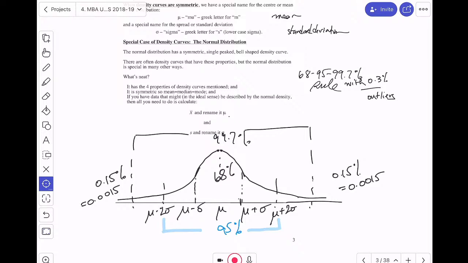Normal is the name given to a distribution that is spread out like this, and many phenomena are approximately normal. So we use the normal distribution to make predictions about what to expect. All right?